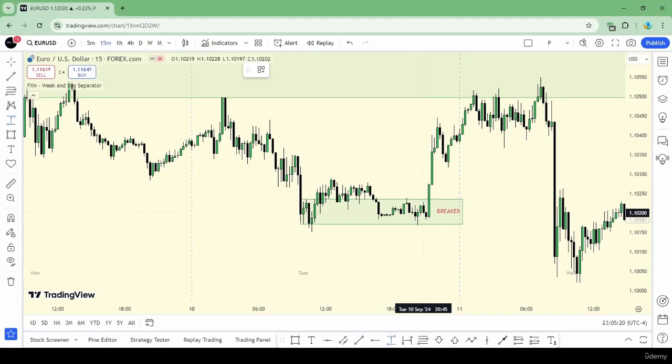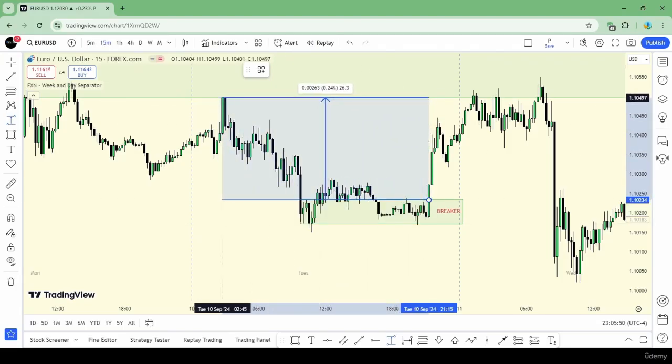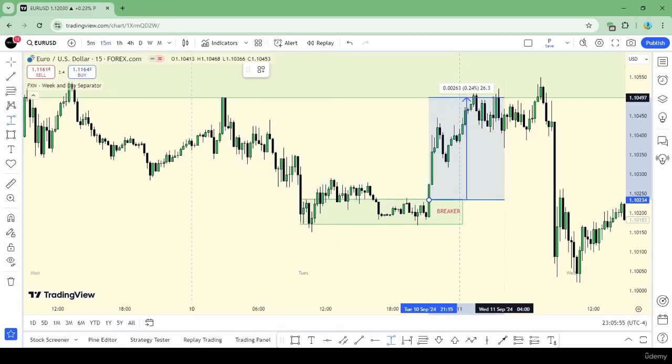Even this high was 1915, and we know our Asian session starts at 28 p.m. So when the market hits 28 p.m., you may place your limit order, or have a market entry. Your stop loss will be here, so it will be 6-7 pips, and you are drawing towards this liquidity, this daily high, which is 26 pips away.